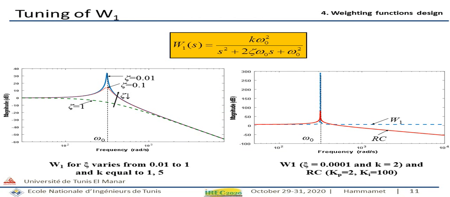For good reference tracking and disturbance rejection performance, W1 is fixed as a second-order low-pass filter. The first figure shows the influence of the damping ratio on the weighting function W1. It should be noted here that when the damping ratio tends to infinity, the obtained H-infinity algorithm has the same behavior as an ideal resonance controller as exposed in the second figure.